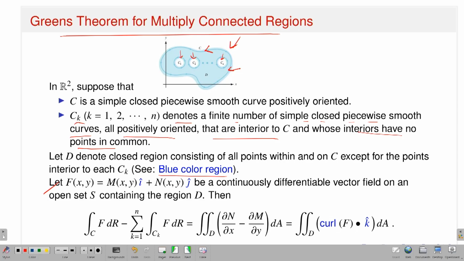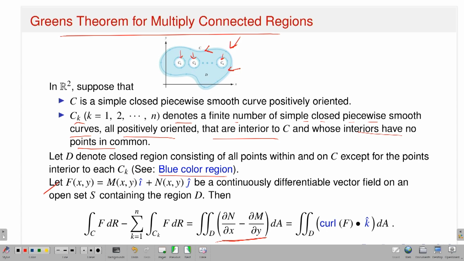You consider the vector line integral of F over C, and then subtract the vector line integrals of F over each Ci, that is C1, C2, Cn, which lie interior to C. You sum those up and subtract them from the line integral of F over C. It turns out that this can be written as a double integral over the region D of del N del x minus del M del y, where capital F is the vector field whose first component is M and second component is N.